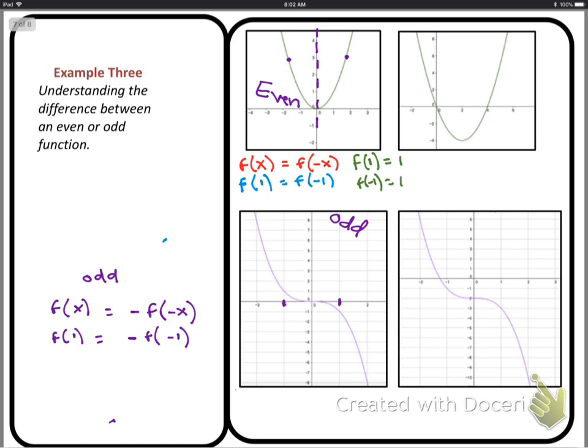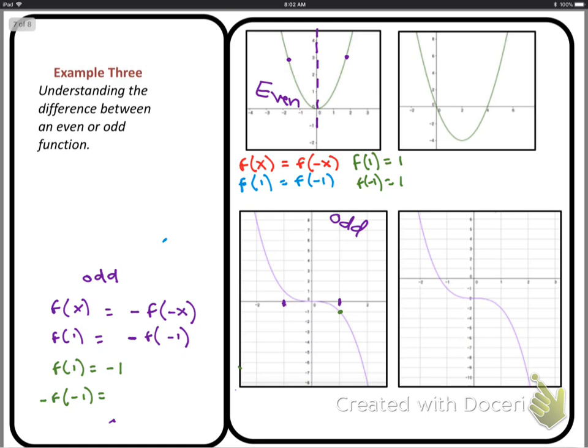Okay, so now what this is telling us is if I choose 1, let me do that in a different color. So if I take the function of 1, I get -1. So now if I'm taking the negative function of -1, it tells me that it should be the opposite of -1.